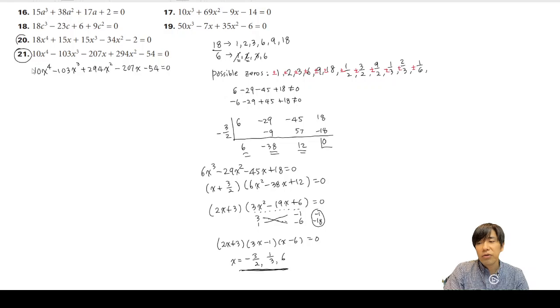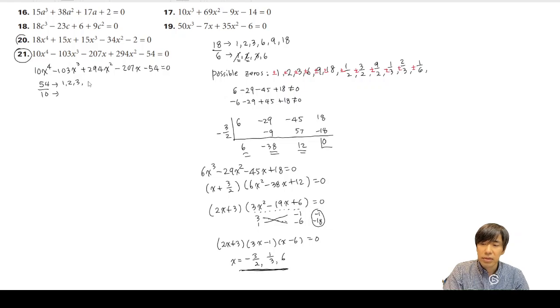Again, the leading coefficient is not equal to 1, so you have to bring that number under that constant term 54 and list all the factors of each. For 54, the factors are 1, 2, is 3 possible? Yes. 4? I don't think so. 5, 6?